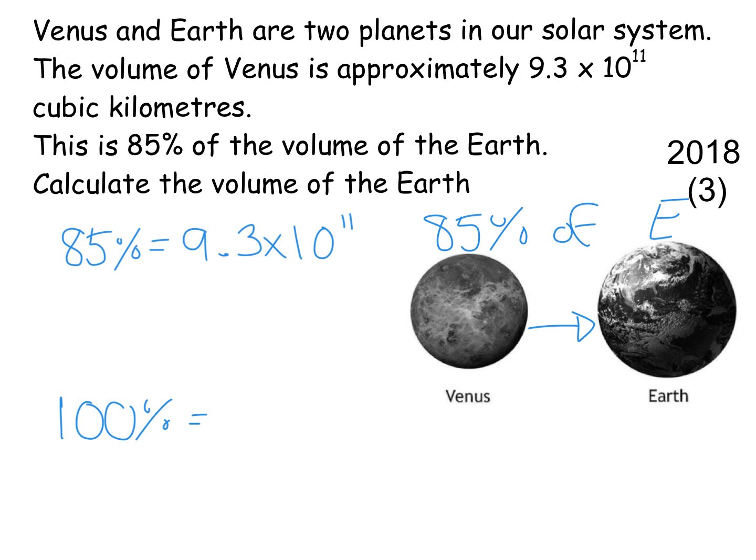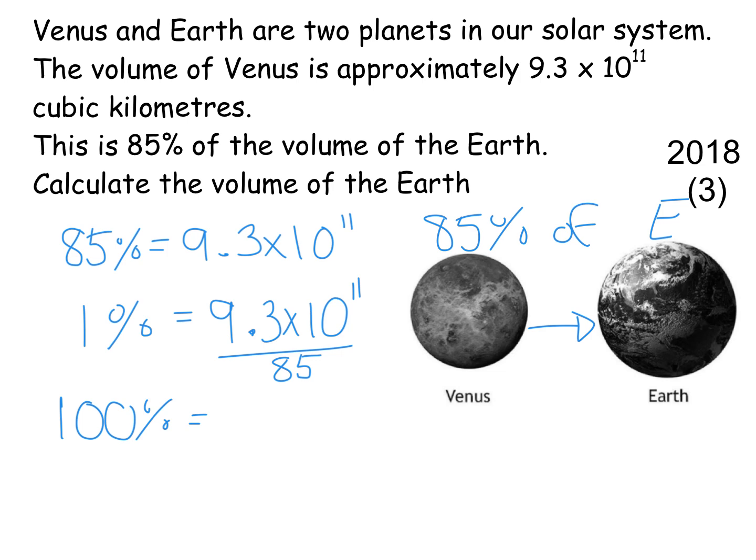Now in between, we're probably going to, remember, go find 1%. So our sum is 9.3 times 10 to the power 11 divided by 85. And then to get that answer into 100%, we get our answer and times it by 100. Now it's whether you want to do this in 2 steps or all in 1 step.